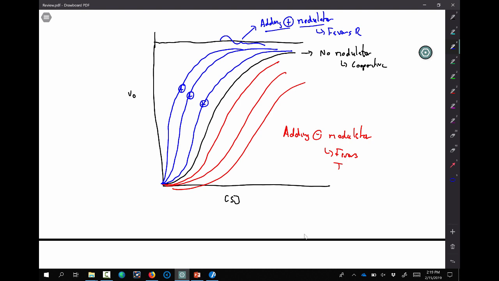Now, when you think about it from a metabolic regulation standpoint, allostery is much more useful in terms of regulating pathways because it's sensitive to not just changes in substrate, but it can be sensitive to changes in the concentrations of other molecules. Okay. And a really common one that we'll look at is a change in the concentration of ATP that may or may not be the substrate for that particular enzyme.